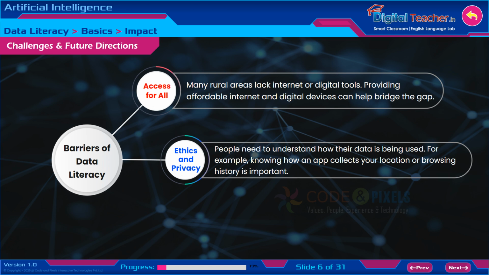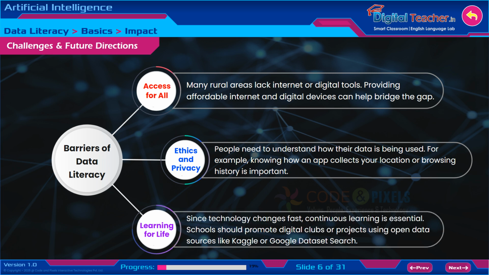For example, knowing how an app collects your location or browsing history is important. Learning for life. Since technology changes fast, continuous learning is essential. Schools should promote digital clubs or projects using open data sources like Kaggle or Google Dataset Search.